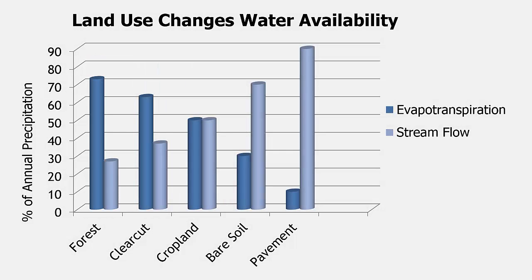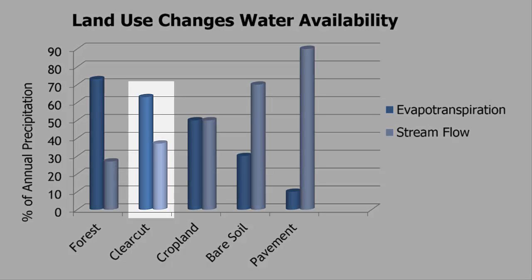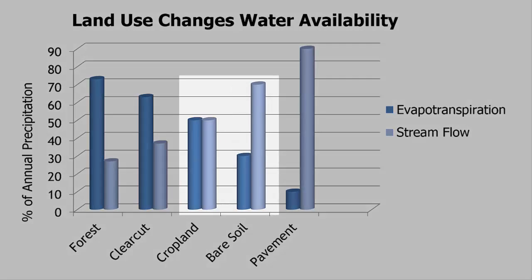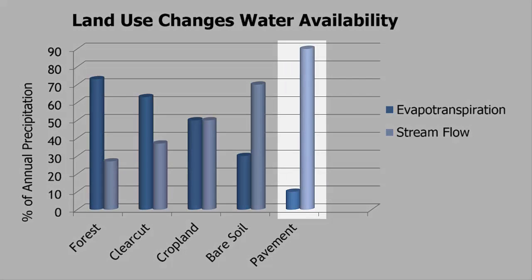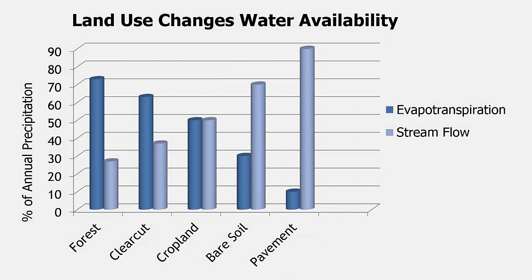Streamflow increases and evapotranspiration decreases as we change the forest by clear cutting and then creating permanent vegetation changes to meadows, crops, or bare soil. Finally, the far right shows a paved watershed where nearly all of the precipitation becomes runoff. These land use changes can have implications for regional climates, since less water would be evaporated and available for precipitation in other watersheds.